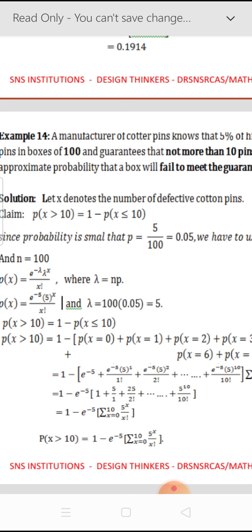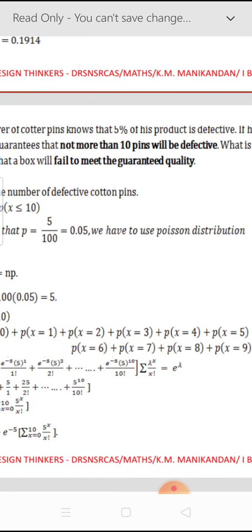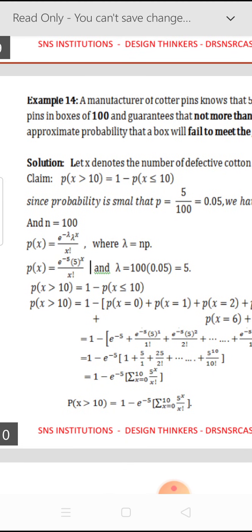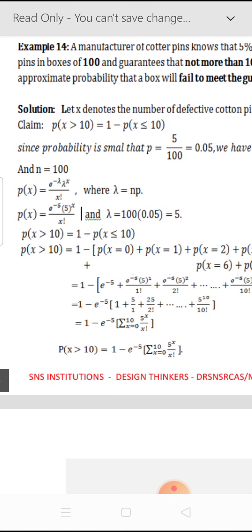We know that probability of x greater than 10 is equal to 1 minus probability of x less than or equal to 10. And also the probability p is given as 5 by 100, 0.05. And we have to use the Poisson distribution with n equal to 100. We know the formula P of x is equal to e power minus lambda, lambda power x by x factorial, where lambda equal to np.